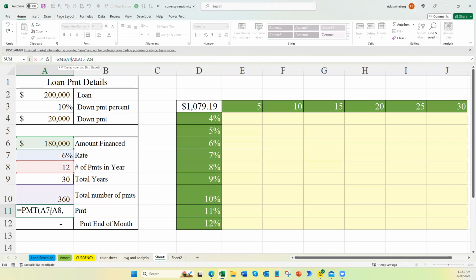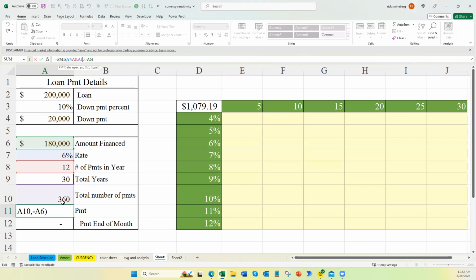Okay, so the first part is the rate. In this case, the rate is going to be 6%. Then we divide that by the number of payments in a year, which is 12.